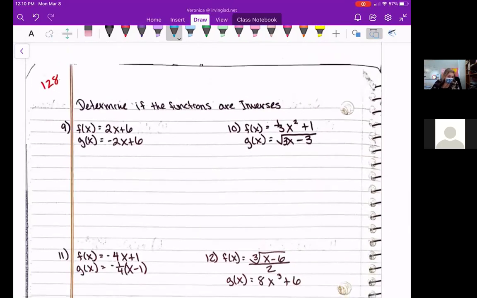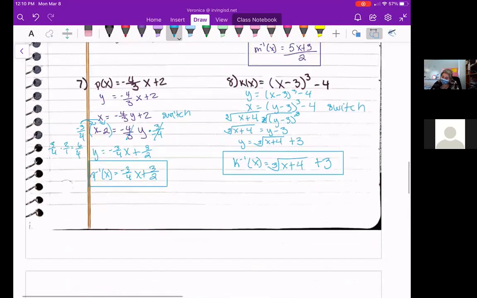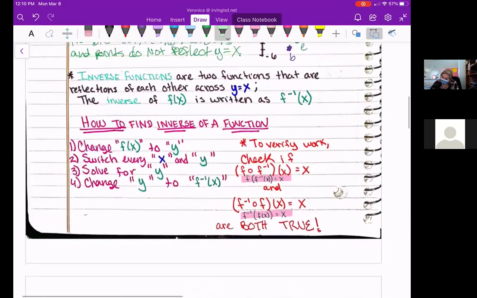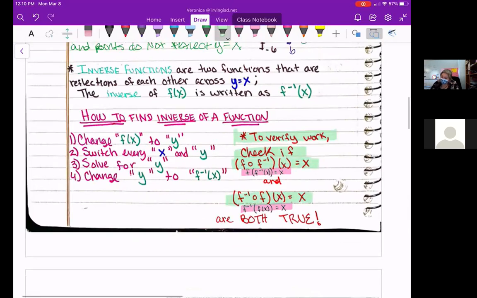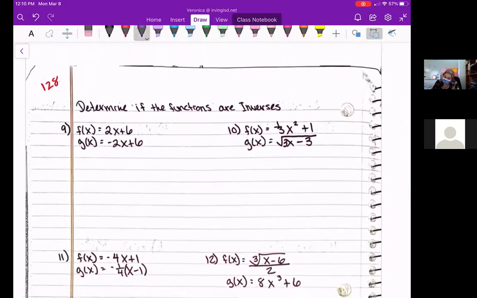Okay, so the way we determine our inverses is from the notes up here at the top, right? So this part right here, to verify, check this and that. So basically, in order to know if they're inverses of each other, you have to grab the composition of each one and put it inside of the other, and it has to give you x.